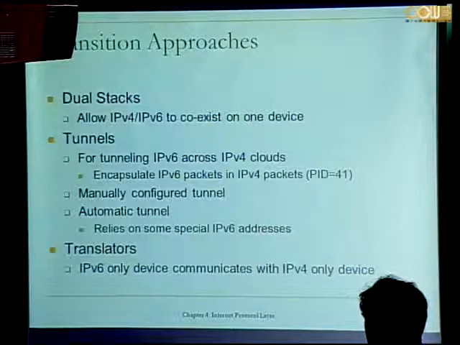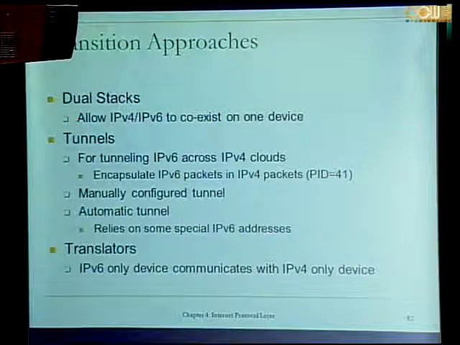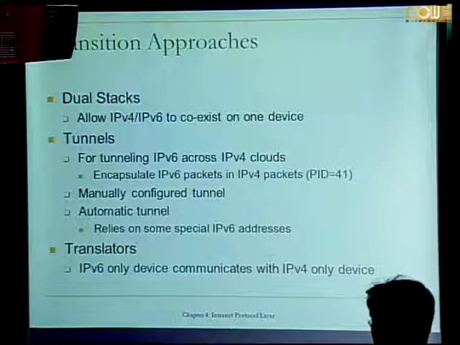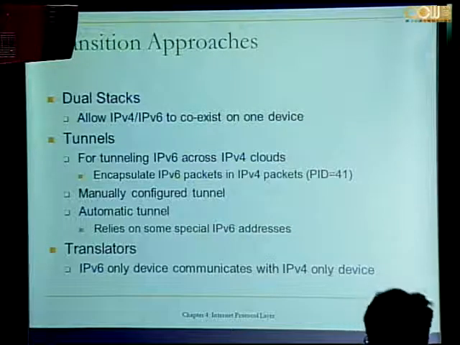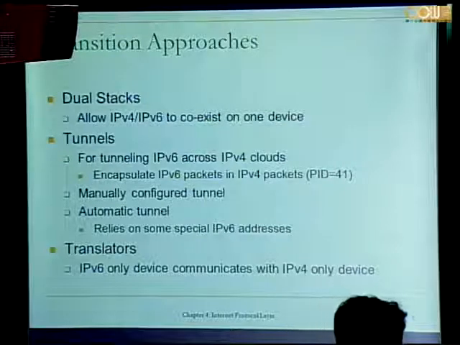Okay. And the translator: if you don't want to do tunneling, then you need to translate the packet. For example, in that case, you need to translate the V6 header into a V4 header.